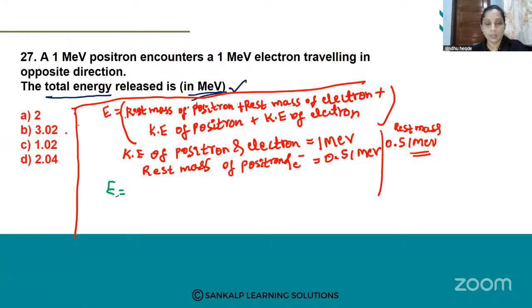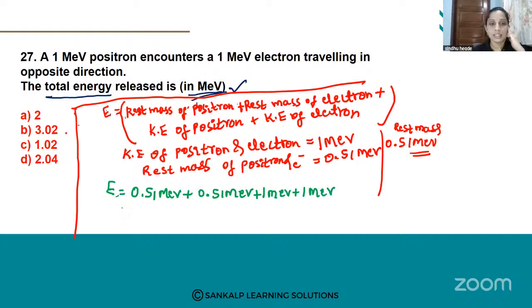E is equal to rest mass of positron, 0.51 mega electron volt, plus rest mass of electron, 0.51 mega electron volt, plus kinetic energy of positron, 1 mega electron volt, plus kinetic energy of electron, also 1 mega electron volt.